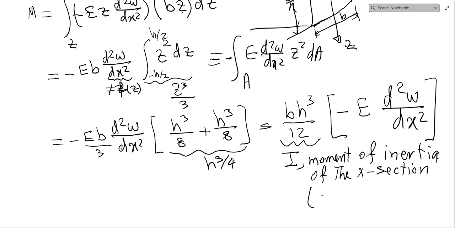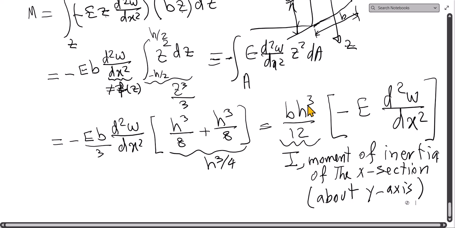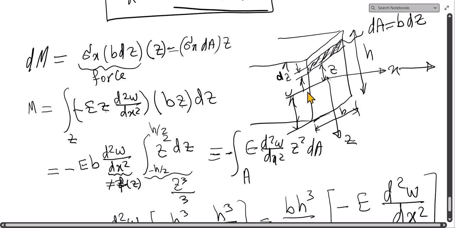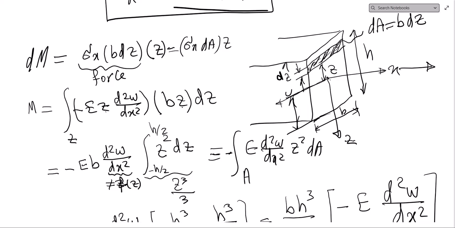In this case, about the y-axis, the axis of rotation, the axis about which bending is applied. Well, this is my neutral axis, and y is perpendicular. Y is in this direction.